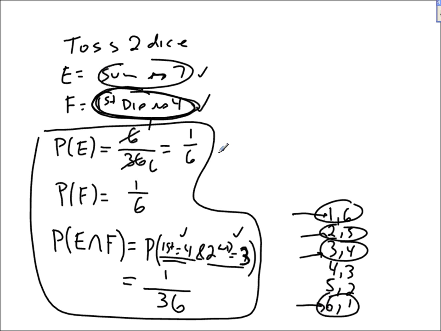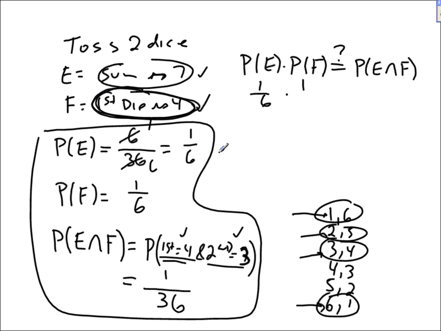So now we have the information that we need to determine if these two events are independent or not. Is the probability of E times the probability of F equal to the probability of E intersect F? Well, the probability of E is a 6th, the probability of F is a 6th, and the probability of E intersect F is 1 over 36. Where did I get that from?